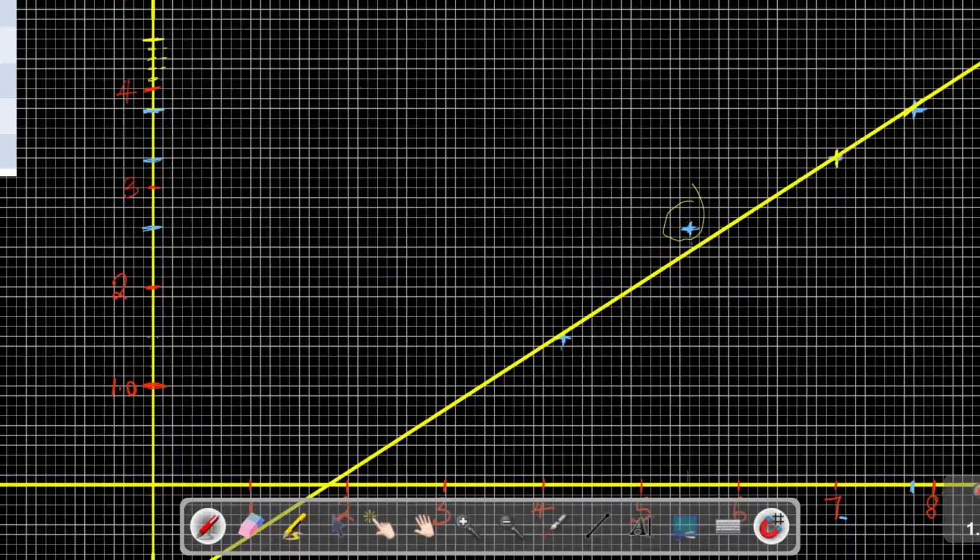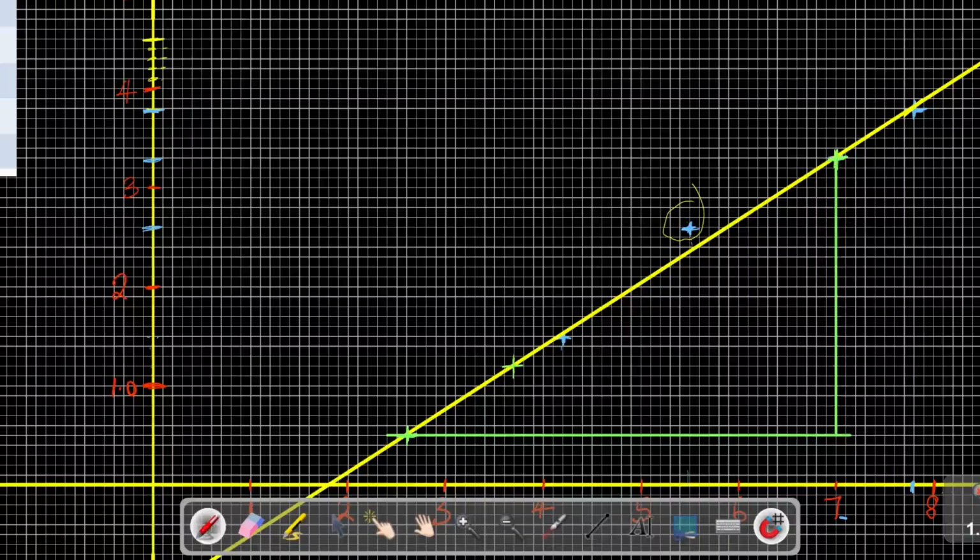Let me use another color. Let me use this part. Okay, so this point entered very well. Which other point entered the line very well? See, this point entered very well. So for that reason, I'm going to choose this line, and I'm going to choose this line.